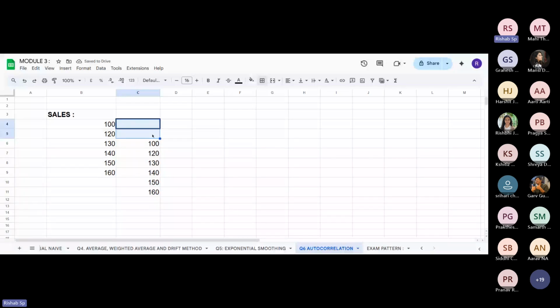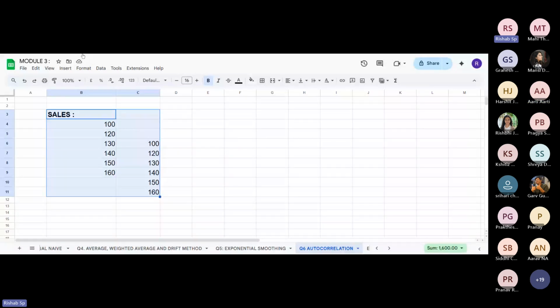This is basically what lag is called. I'm not going deep into this, you just be aware of what it is. I've not seen any questions from this side either, so I don't know what kind of questions they ask.